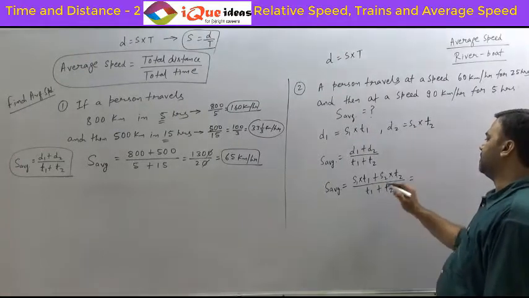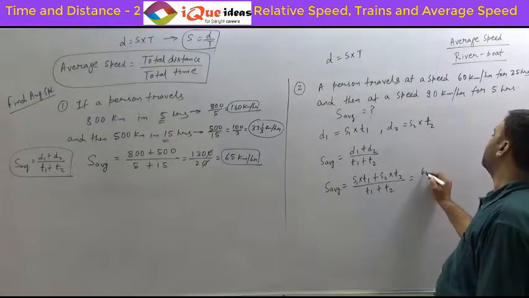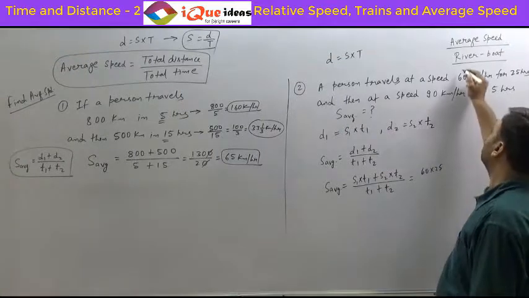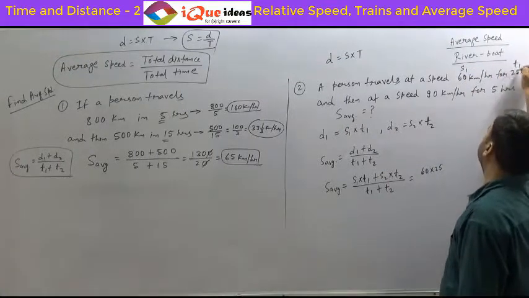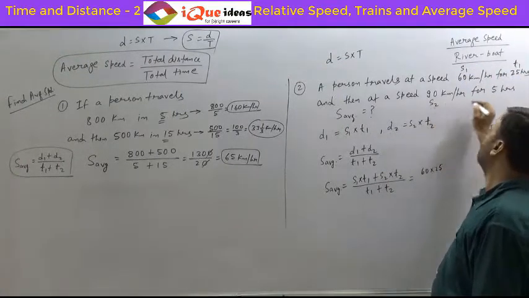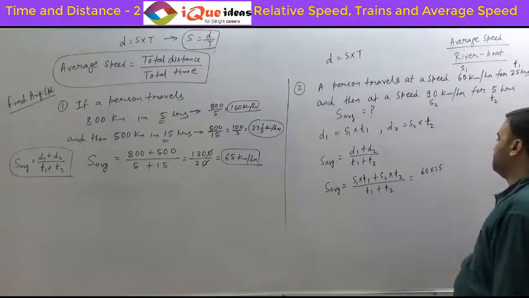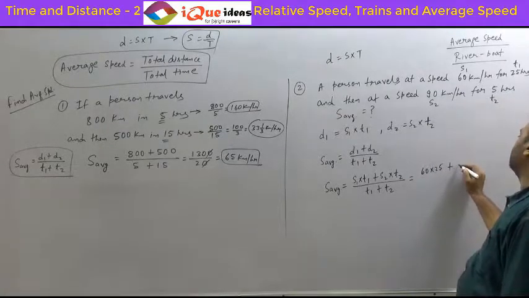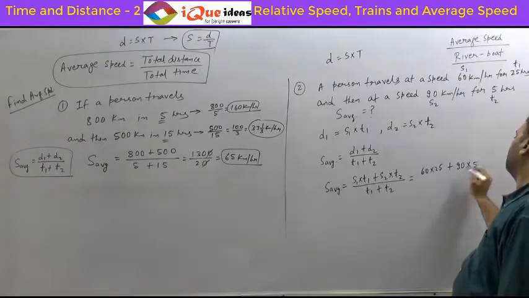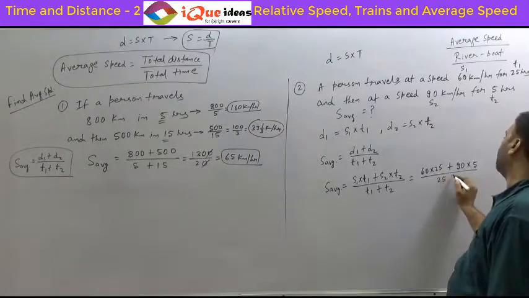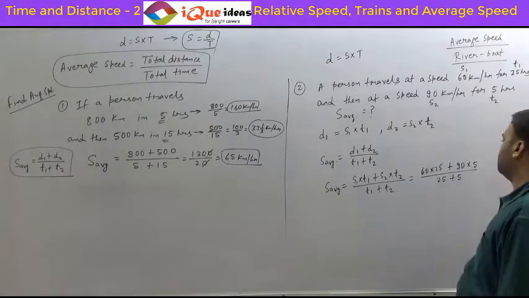Alright, then we calculate. S1 into T1, that is 60 into 25. This is the first speed, this is the first time, this is the second speed, this is the second time. 60 into 25 plus 90 into 5 divided by 25 plus 5.